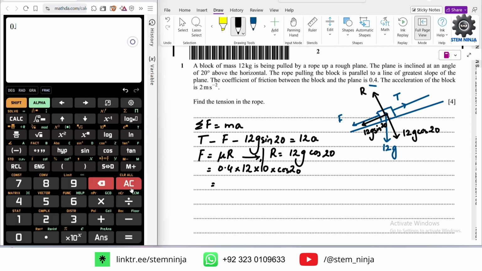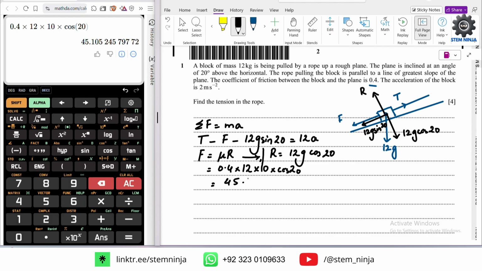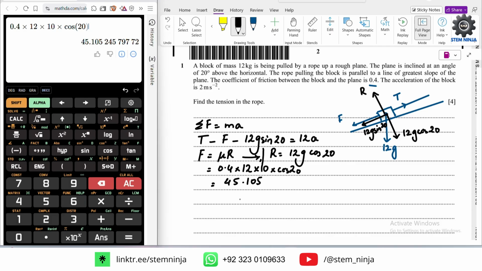So your friction value is 0.4 times 12 times 10 times cos 20. This becomes 45.105 friction. Actually, we should keep it this way as best as we can.